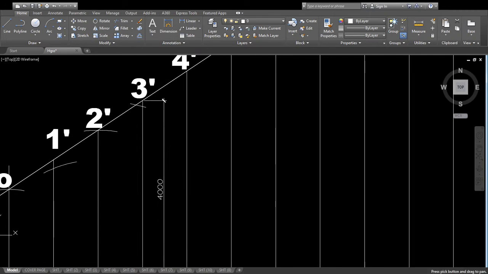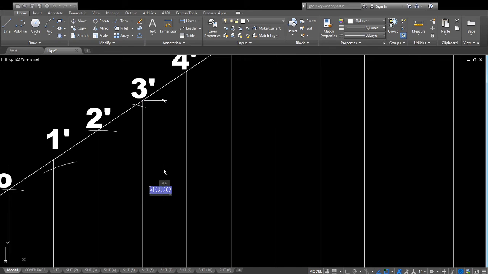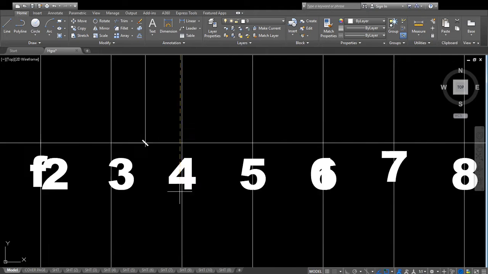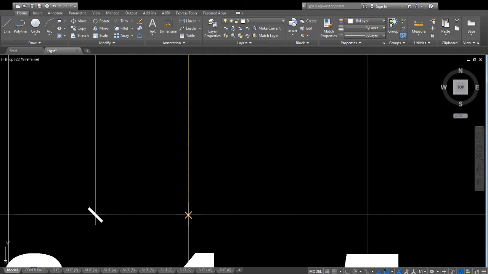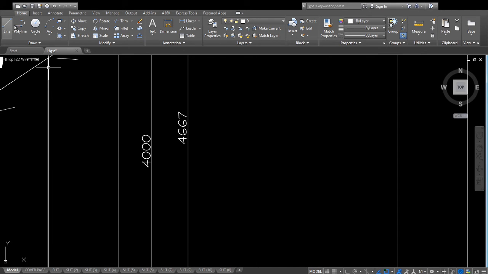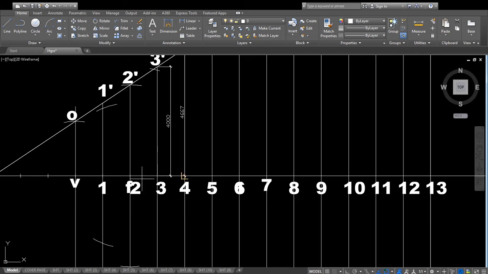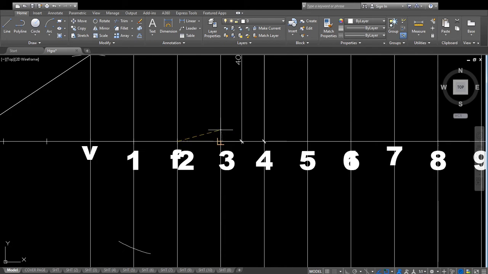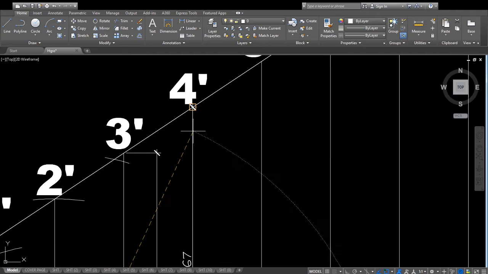Now the next one is 4, 4 prime. 4 is here. What is the measurement? 4 is 4667. I'll pick my arc, come to F, then input my radius, enter.